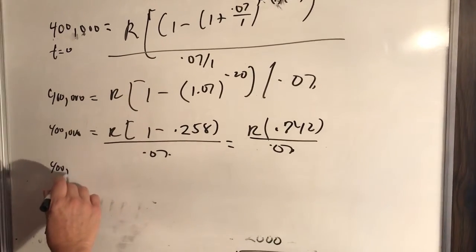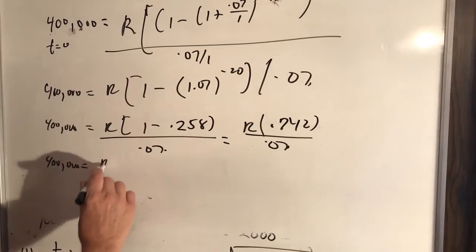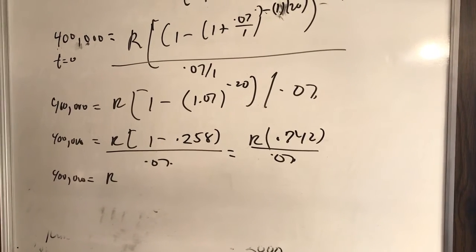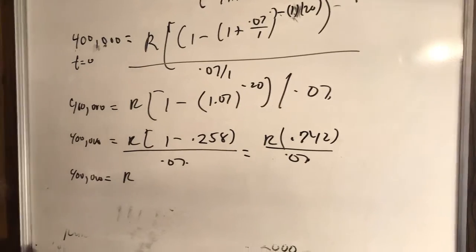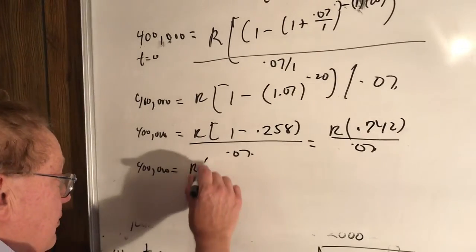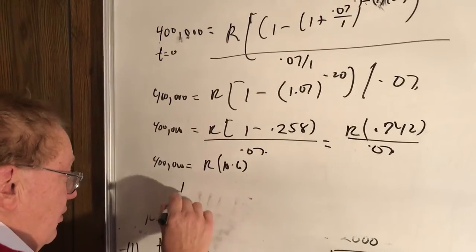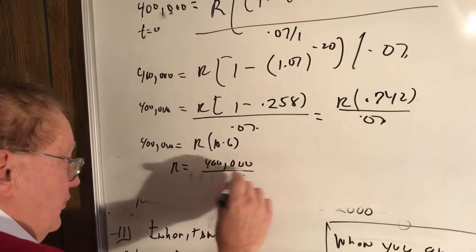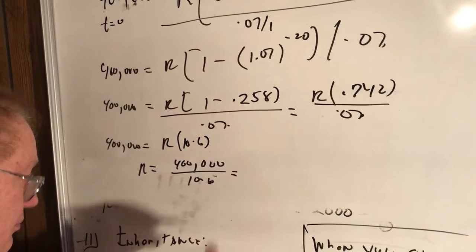So 400,000 equals R times 0.742 divided by 0.07, which is 10.6. R equals 400,000 divided by 10.6.